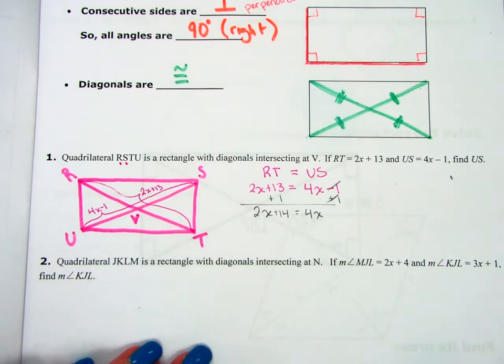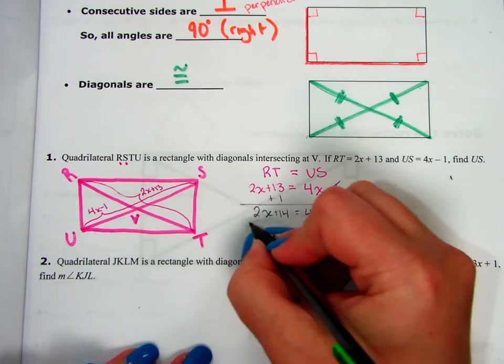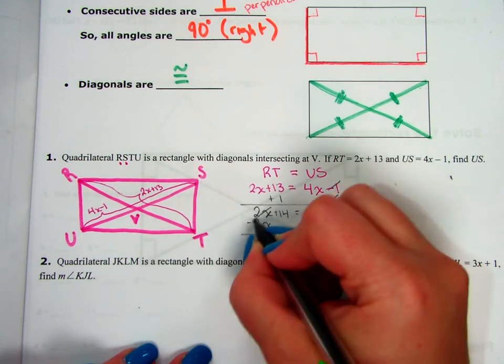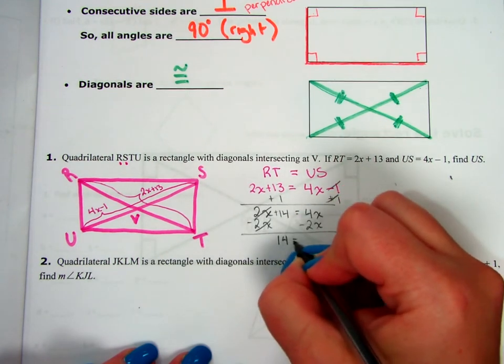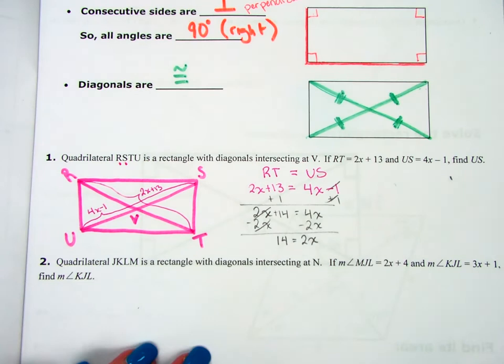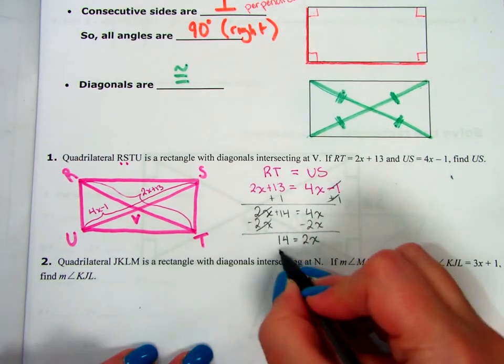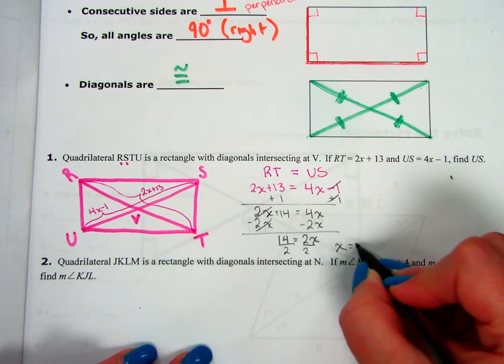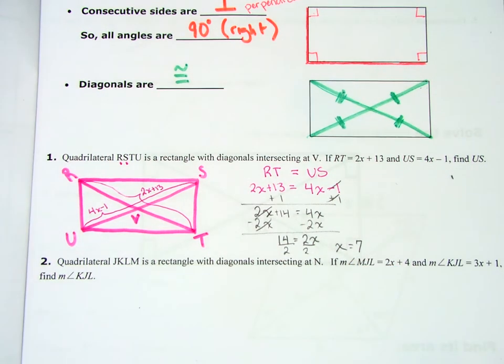Then what? Subtract 2x. So 14 equals 2x. Then what? Divide by 2. Division property of equality. And x equals 7.